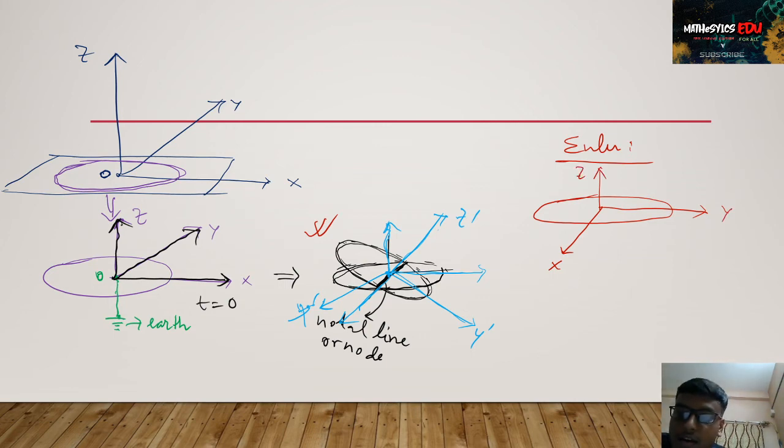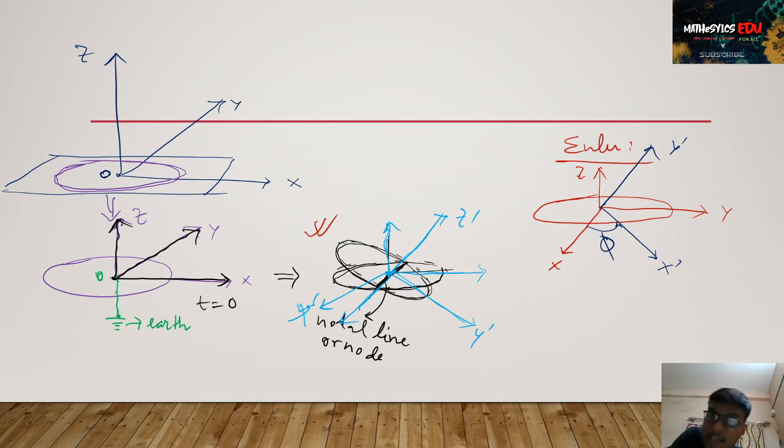Now after the first rotation about the z axis, the x axis will come here, let's say x dash, and the y axis, respecting the orthogonality condition, that is 90 degrees with respect to each other, will go there, and the z axis will remain as it is. Let me call this angle phi. This is the first Eulerian transformation, the first Euler angle.